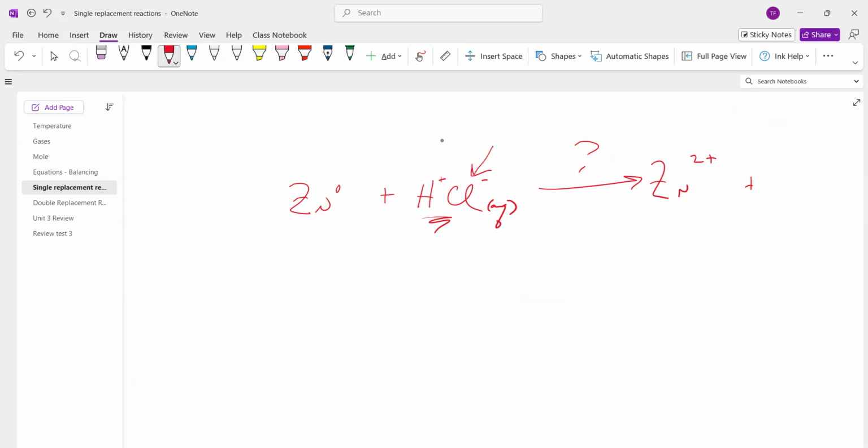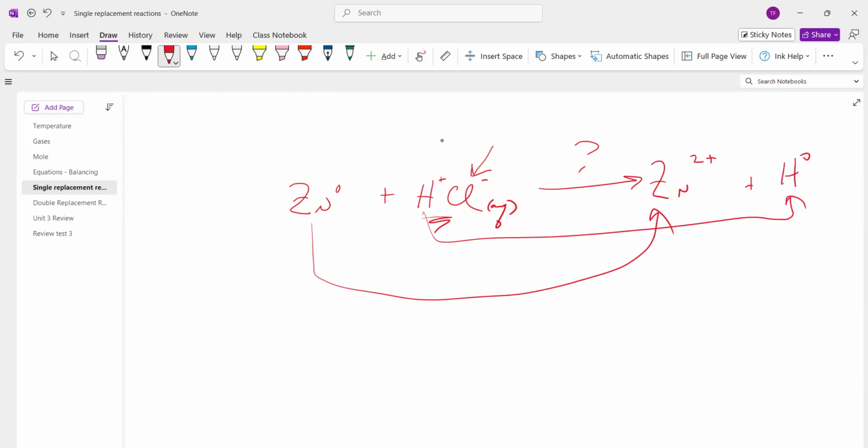Is it H plus on both sides? Well, first of all, what is zinc doing here? Oxidize or reduce? Oxidize. So what must the H do? Reduce. So H plus goes to H0, right? However, H0 doesn't exist.